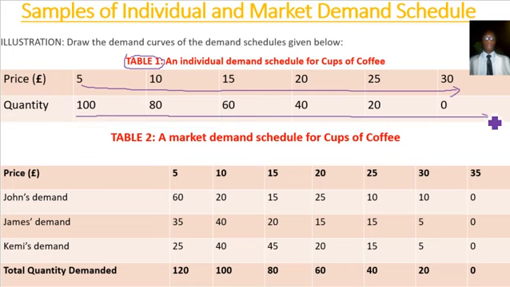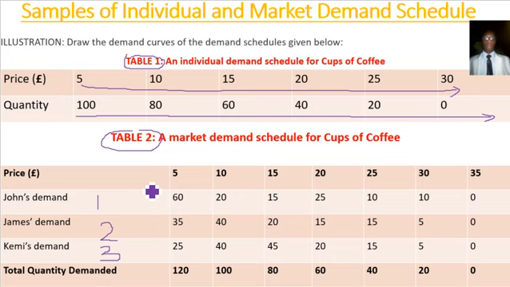While table 2 is about a market demand schedule. Why is it called a market demand schedule? If you observe the schedule very well, you see that there are 3 different consumers highlighted there. We have John's demand, we have James's demand as number 2, and lastly we have Kemi's demand.